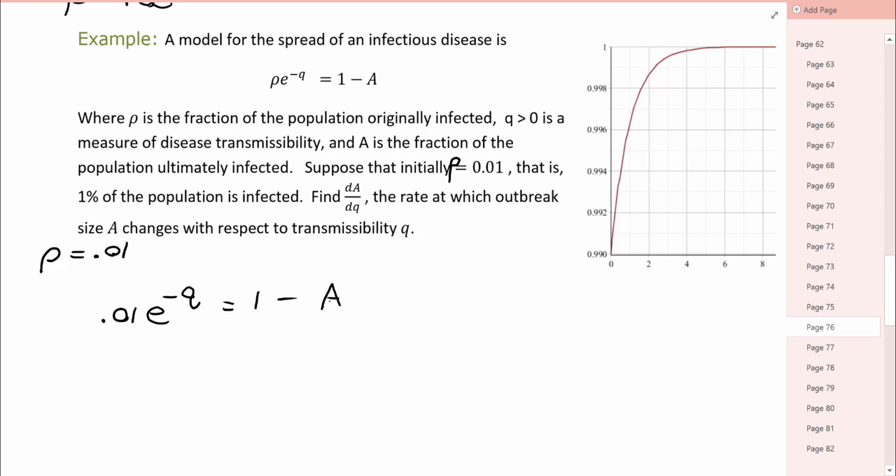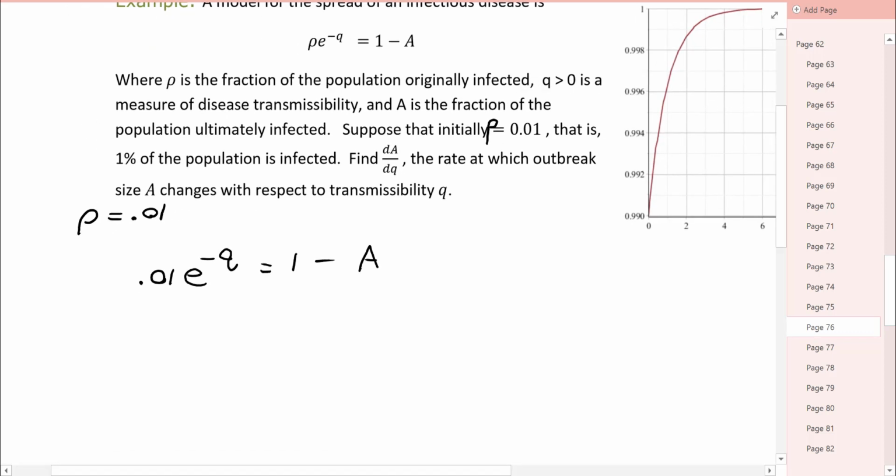I'm just not entirely sure why this is in this section, because you think we could just solve it for a right at the beginning. We could go like this: a equals 1 minus 0.01 e to the minus q.